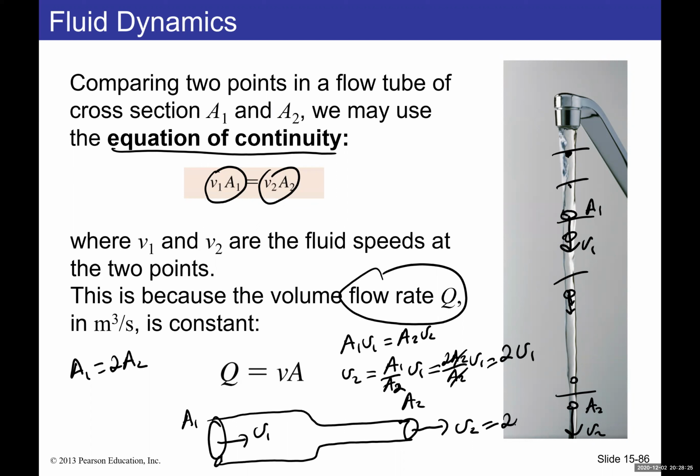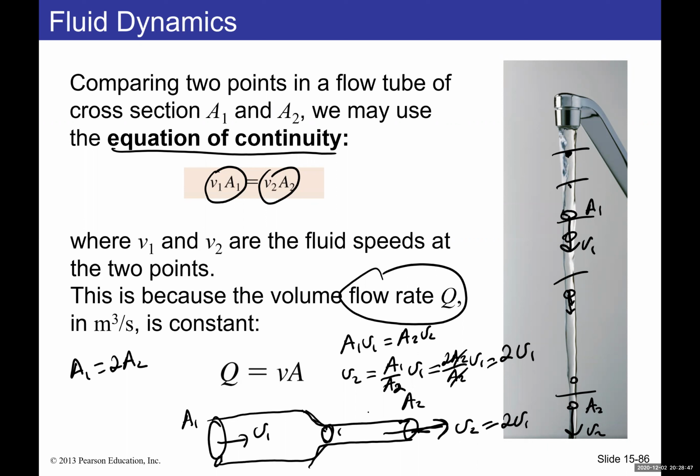That means V2 is equal to 2 times V1, which means the water is going to be moving faster. Why? Because it's a narrower tube. And that's always going to be the case. When water goes from a larger opening to a smaller opening, it always speeds up. This is the region where the opening decreases.